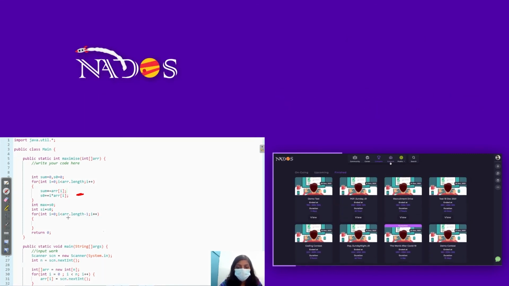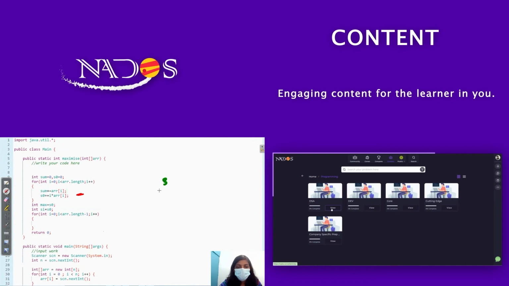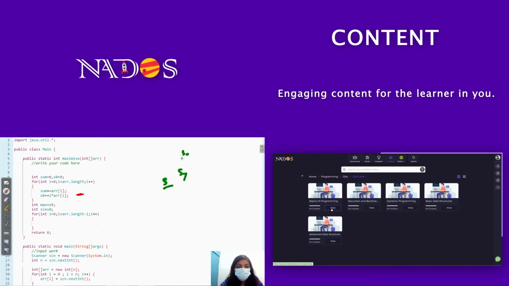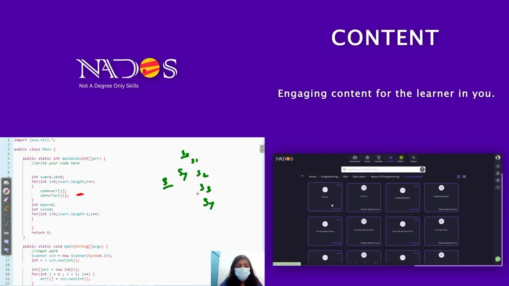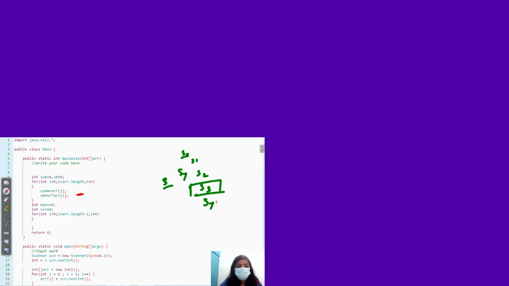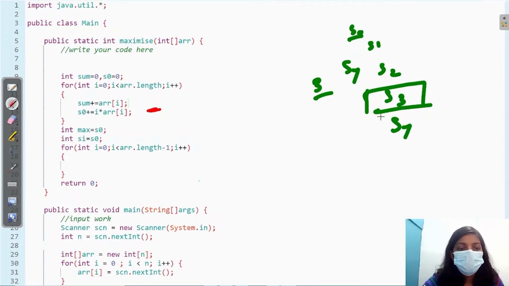So if this loop runs till 3, I can find out S of 4, right? So we have S0, S1, S2, S3 and S4. I have to run this loop till S3 only, because if I am able to calculate S3, I can calculate S4 easily, right?